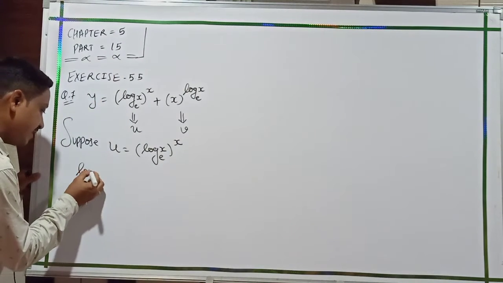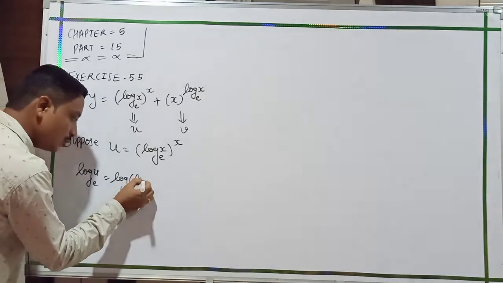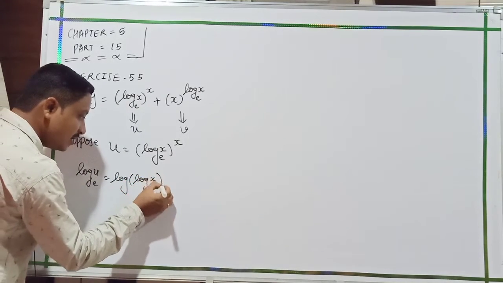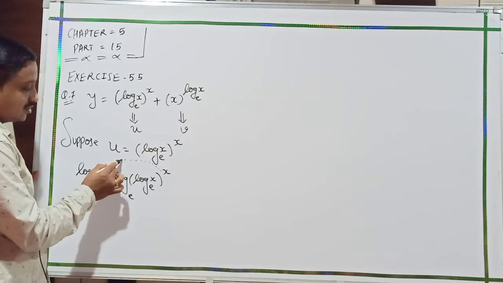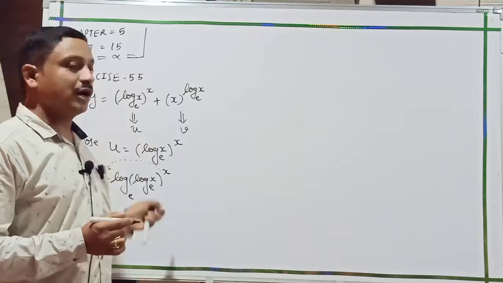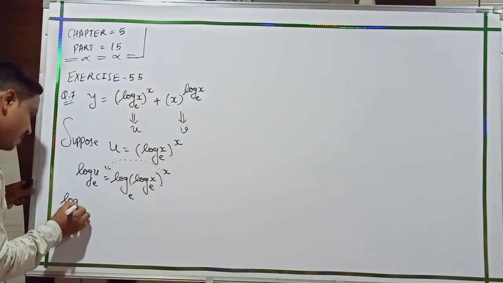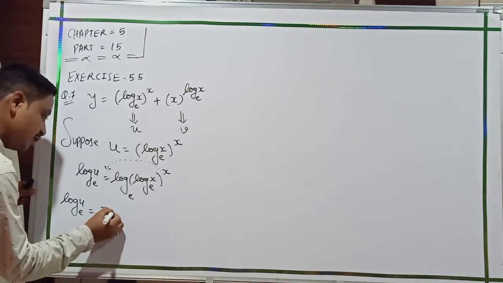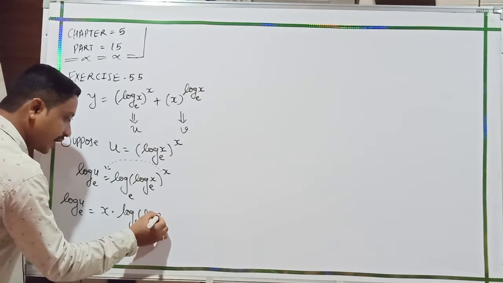Taking log on both sides with base e: log u = log((log x)^x). Now students, this x you take outside the function. So what remains? log u base e is the same, and here x into log with log x base e.